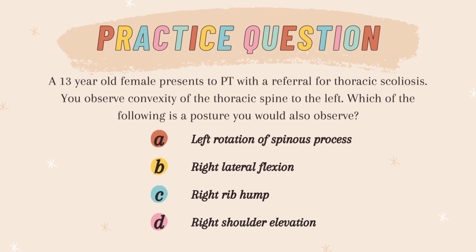Left scapular prominence. Not one of the answers. And you have a left rib hump. That takes out C. On the concave side, you would see right rotation of the spinous process. Takes out A. So that leaves B, right lateral flexion. So on the concave side, which is the right side, you will see right lateral flexion, which is B.